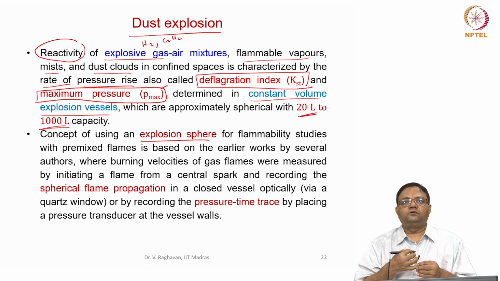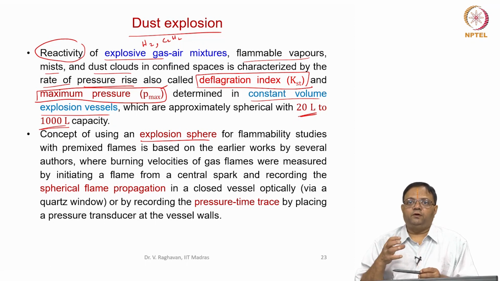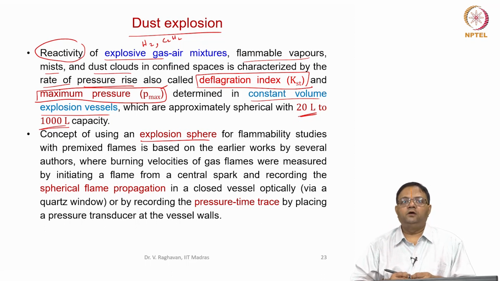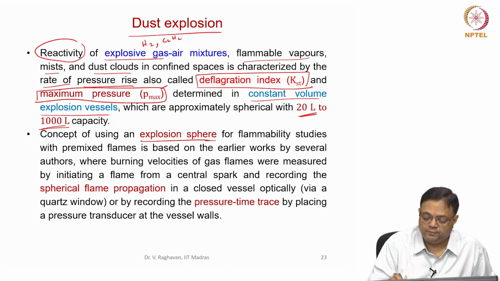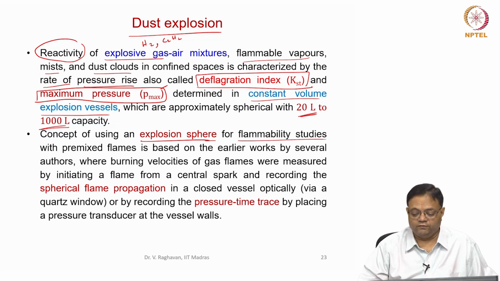If the flame radius has propagated to a finite value, then we can say the mixture is flammable. So, the explosion sphere was also used for conducting flammability studies of premixed flames. Several authors have done this.